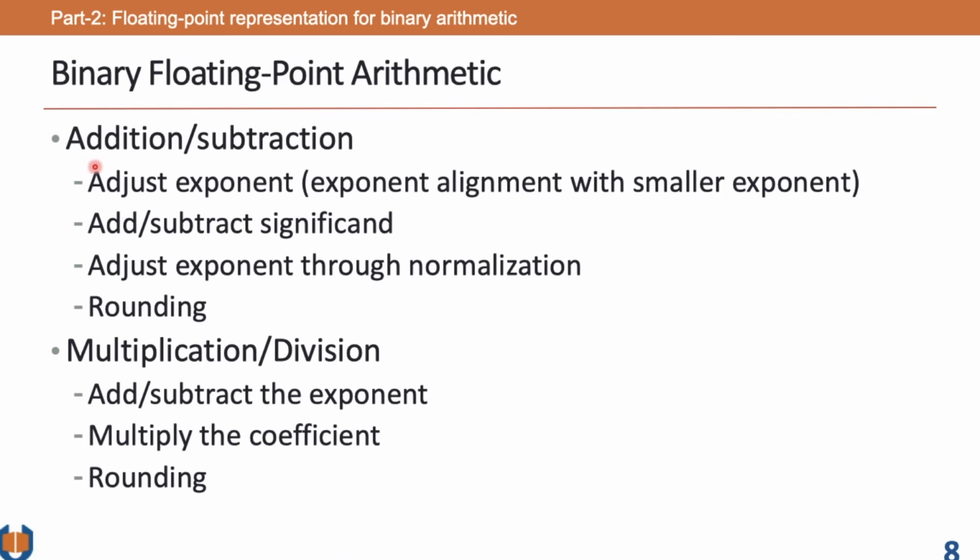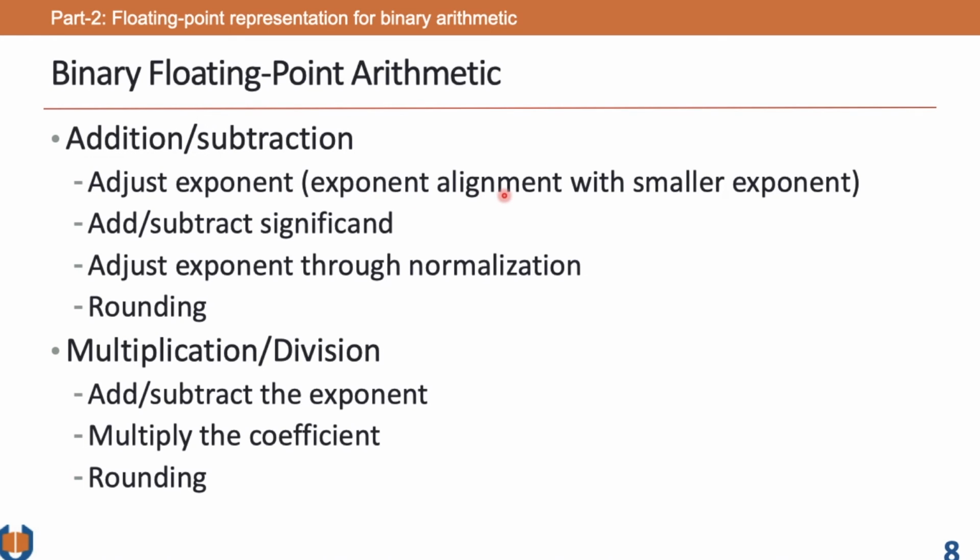So what will be the result after addition or subtraction? The rule of addition is, first we need to adjust the exponent. Before doing the addition, the exponent needs to be adjusted, so we call it exponent alignment.